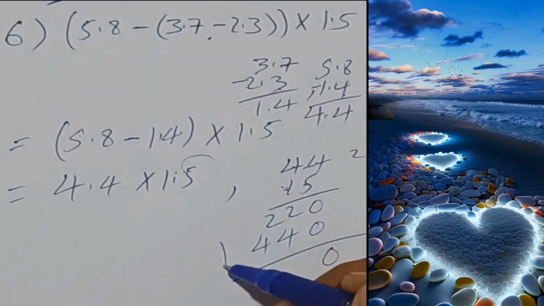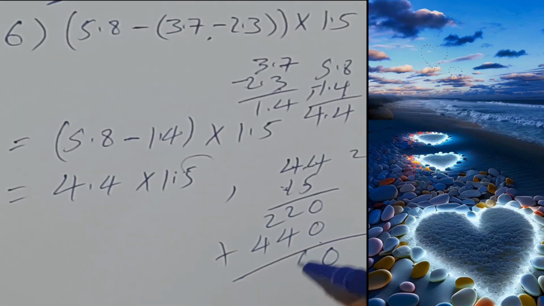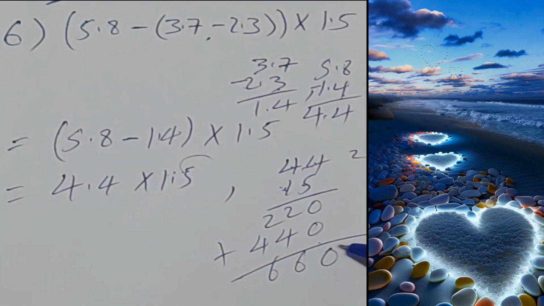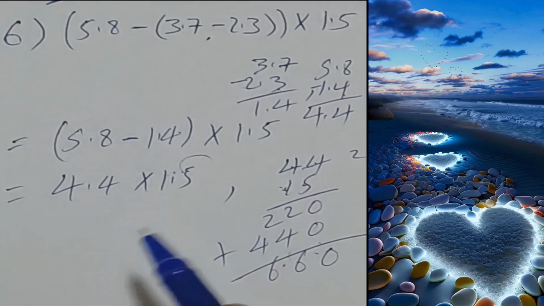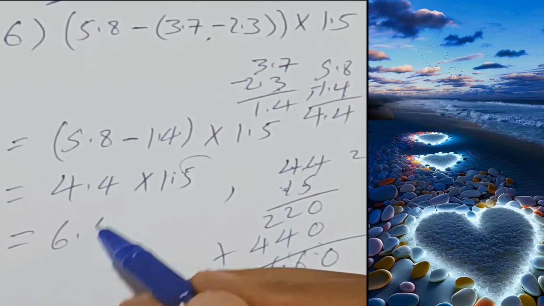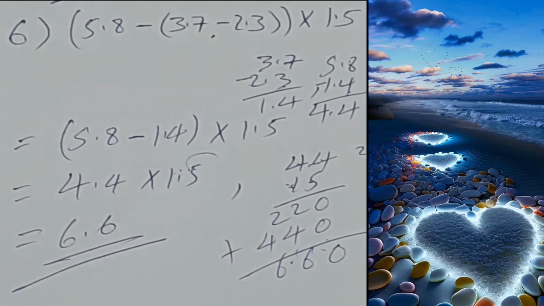So 0, then I will add them, 0, 6, 6. So I have 3 decimal places, which is equal to 6.6. So the answer is 6.6. Next.